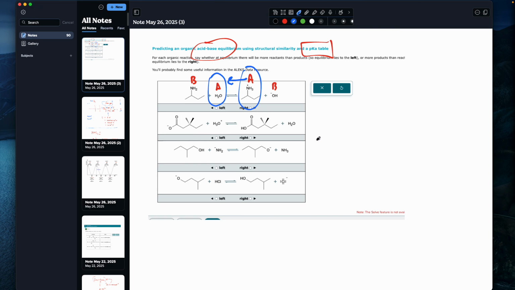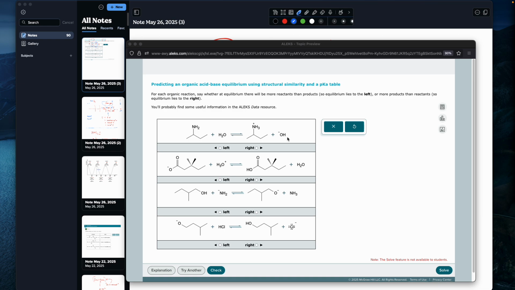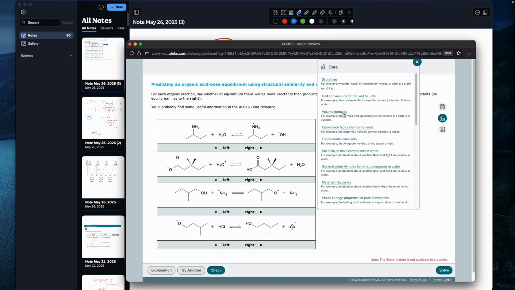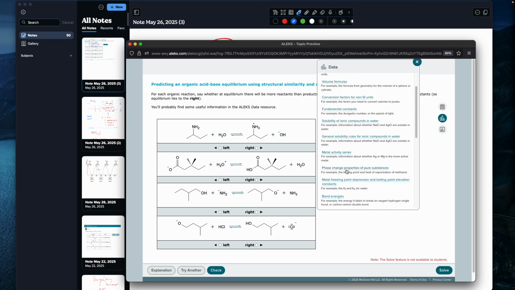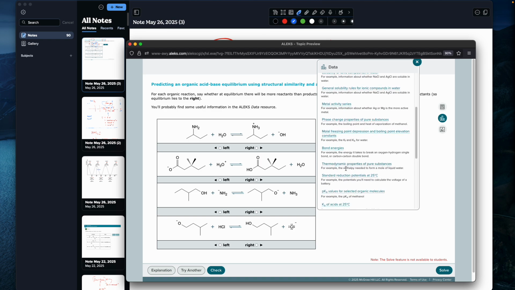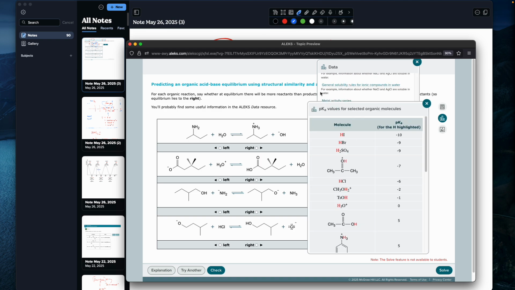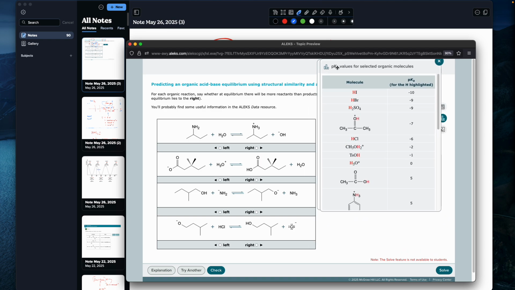I'm going to now go over to the browser, which is going to look a lot like that. Got it? Okay. Here's the same reactions here. I'm going to look up in my tables. Look for pKa table. Hopefully that'll be easy to find. There it is, pKa's. Okay, now I'm going to look for something that looks like this, an ammonium.